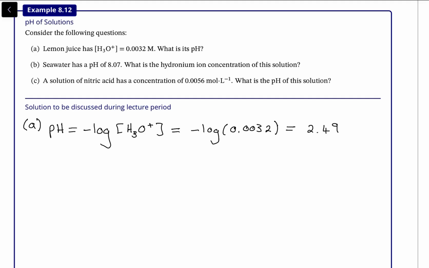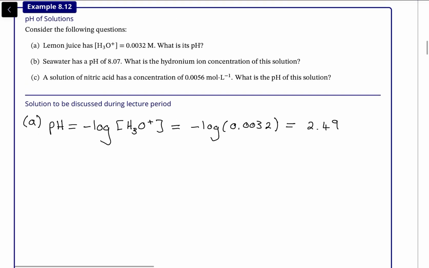We'll speak about that just now. It's not two significant figures but 2 decimal places in this case, because the significant figures for logs work slightly differently. All right, so that's our pH. And you notice that's acidic, because lemon juice is acidic. What a shock.